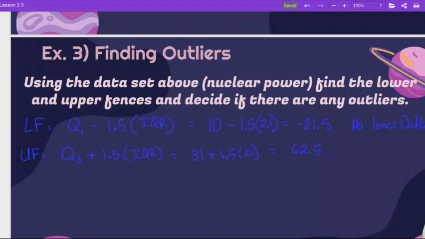So again, we go back and we look at our data. Are there any numbers greater than 62.5? In this case, there is. So 104 is an outlier. Okay, so there's one outlier here, and it has to do with the upper side of our data.